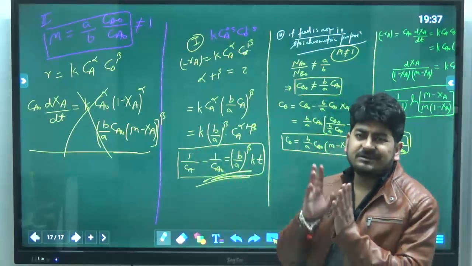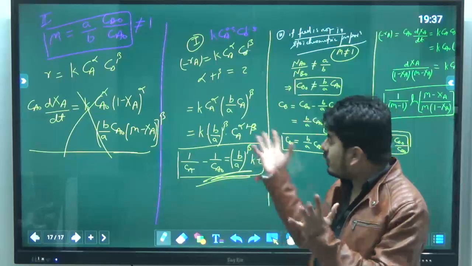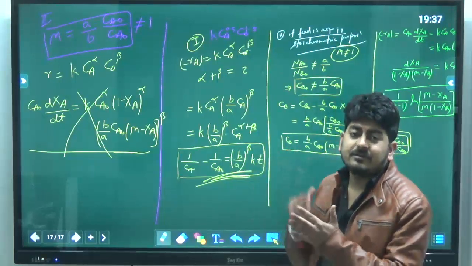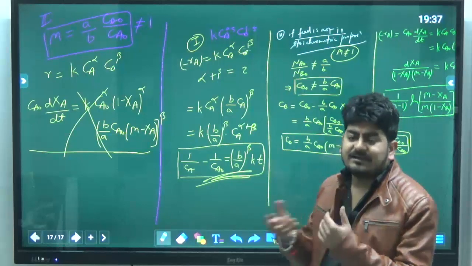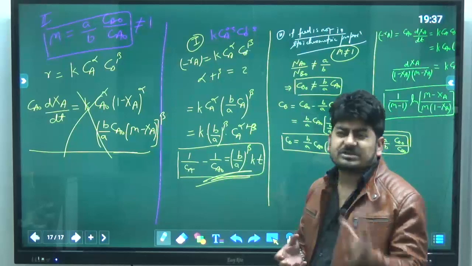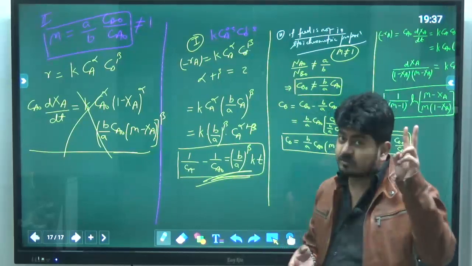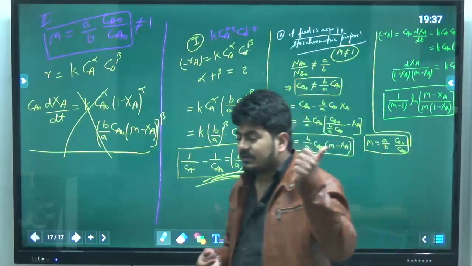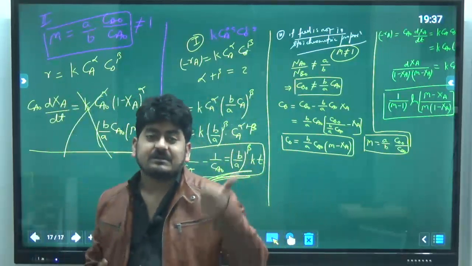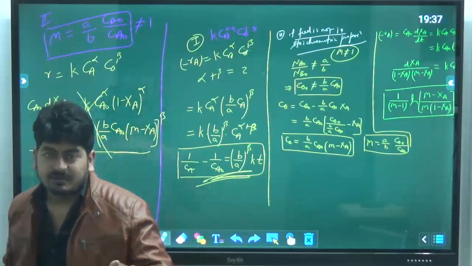We will directly see the implementation of all this knowledge in single reactors, in multiple reactors, in multiple reaction systems, and then the simplest topics of CRE, the easiest topics of this subject, RTD and the non-isothermal part.